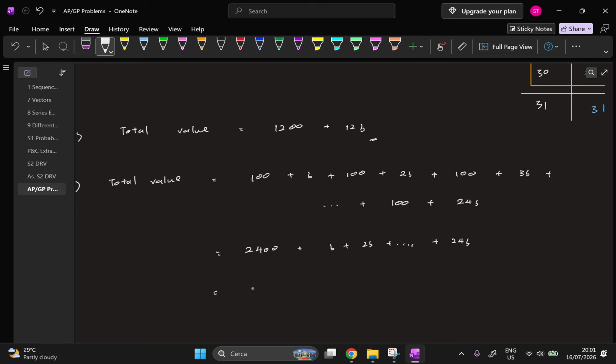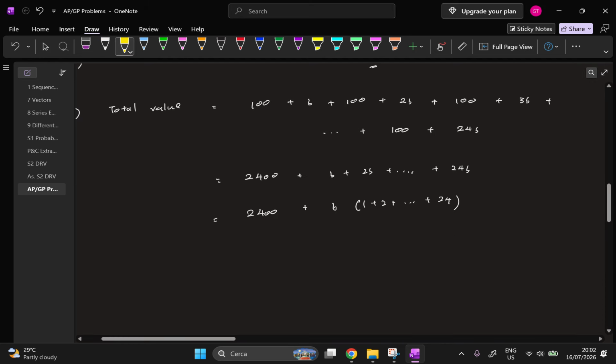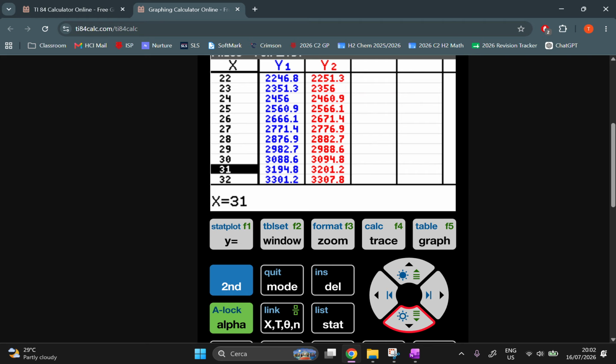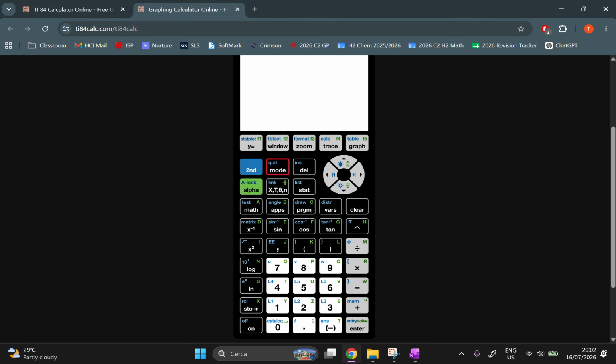How I did it was as follows. 1 plus 2 plus and so on all the way to 24. Please don't evaluate this thing manually. Do you see that this is just a sum? You can just key this into your GC.